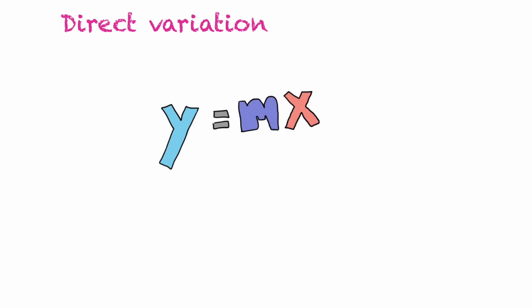So direct variation occurs when the ratio of the variables does not change. So in other words, when the dependent variable is a constant multiple of the independent variable. So this is how we algebraically can represent direct variation. y equals mx. So a few things to note here. m is the slope, and this is also known as the rate of change.